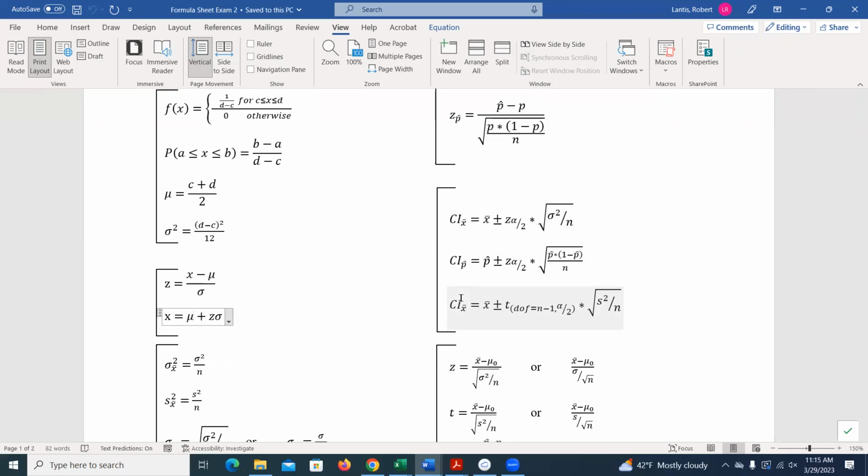From here, it's a matter of getting things plugged in. What's my sample mean? 109. I'm going to add my margin of error to get my upper bound, and subtract that same margin of error to get my lower bound. Now I don't know the t value yet; we'll do that last. I then multiply it by the square root of, well, I was given the standard deviation, so that's just s.